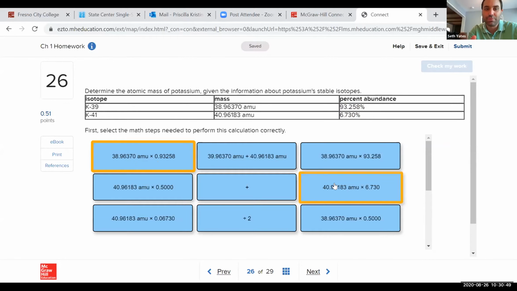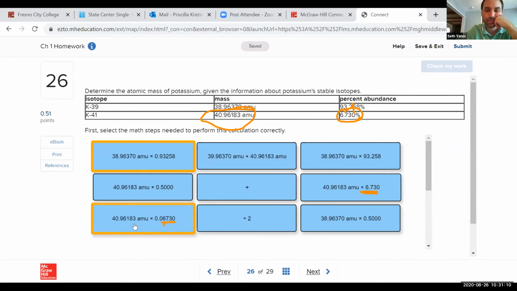And then the other step would be whichever one is multiplying the 40.96, the atomic mass, but what's wrong with the abundance number there? It's not in proper form. That's in percent form, and you need the one over here that's in decimal form. Yeah, exactly. So that's how you go about it.